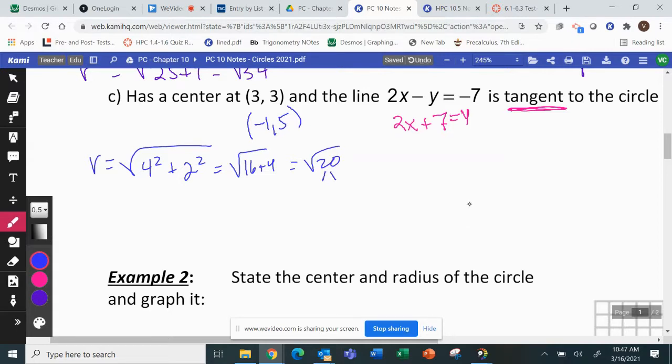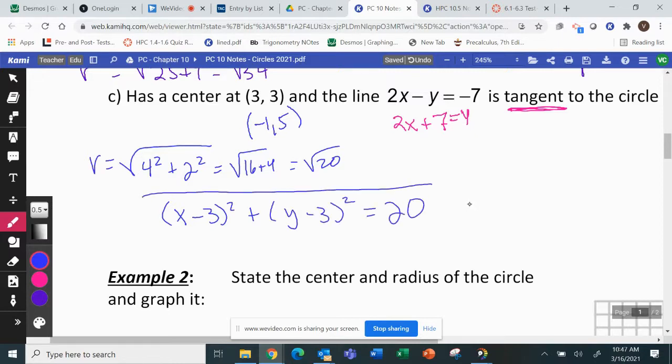Oh, I don't even need to simplify that because I'm just writing the equation. And the equation is x minus 3 squared plus y minus 3 squared equals 20. So you don't even have to simplify that like we would normally do if you were just finding distance. So that's radius squared. I guess I can just write my radius for fun. 2 square root 5 would be the radius.